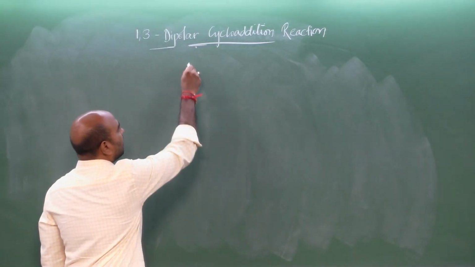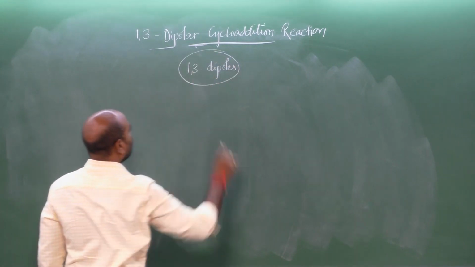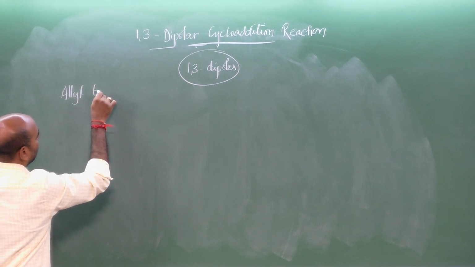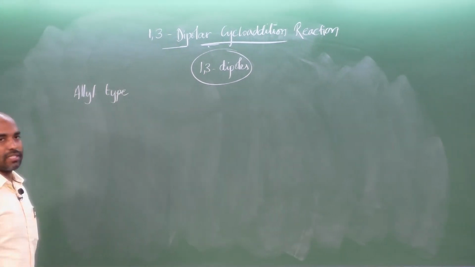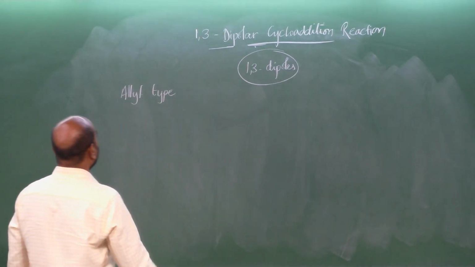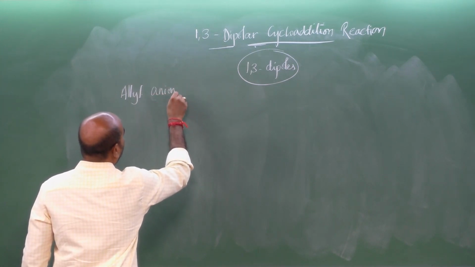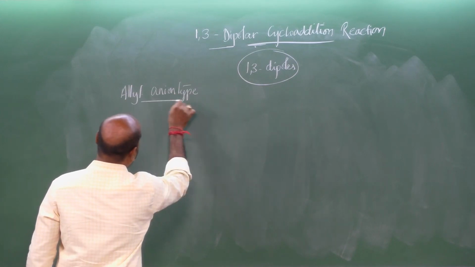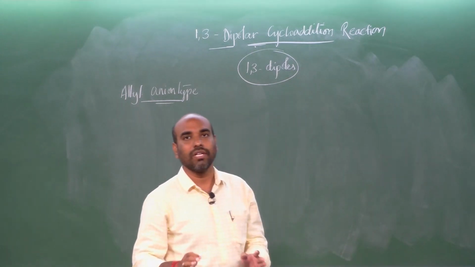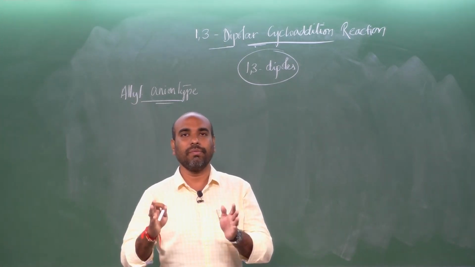So these 1,3 dipoles are of 2 types. It may be allyl type, that is similar to that of an allyl ion. Specifically, it is allyl anion type, which contains 3 atoms. Okay, I am not saying 3 carbon atoms, it contains 3 atoms. So out of these 3 atoms, 1 or 2 may be heteroatoms.